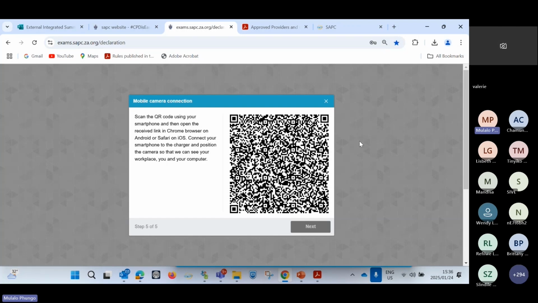And then I'm required to record my surroundings, and in order for the system to record all of this and feed itself in terms of whether I am complying with the requirements, it needs to be a quiet place. I need to be complying with all the rules of the examination.